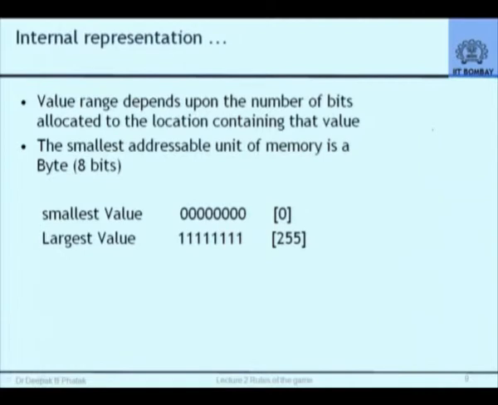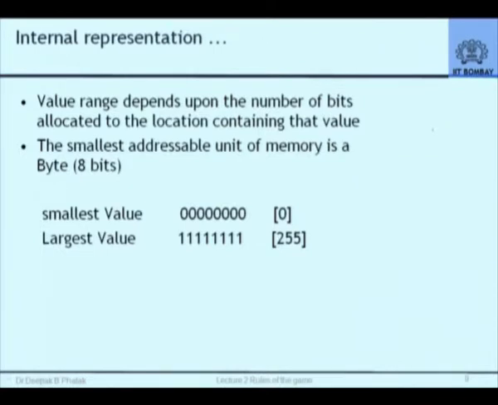Now, we come back to a little closer inspection of binary representation insofar as numerical values are concerned. The value that can range within a location will depend upon the number of bits that you have in that location. We already observed that. The smallest unit of number of bits of a location is called a byte.